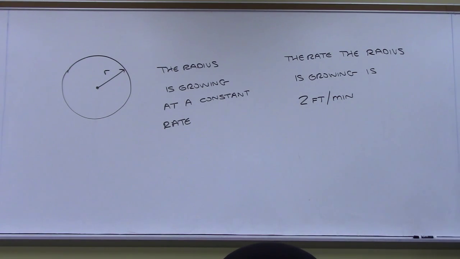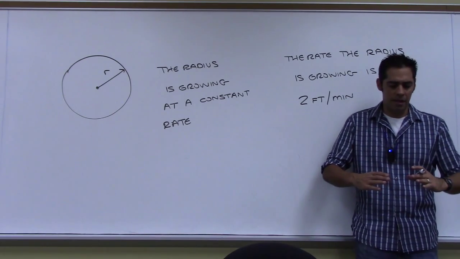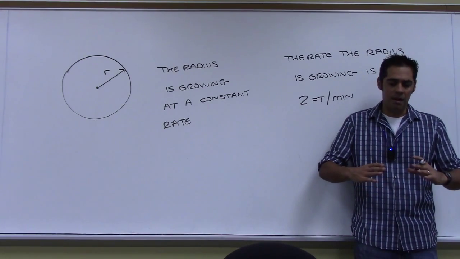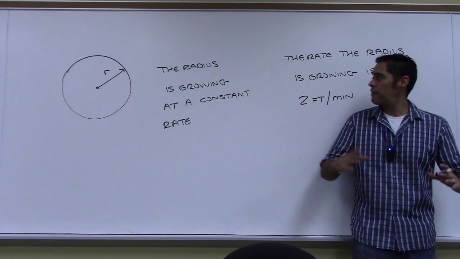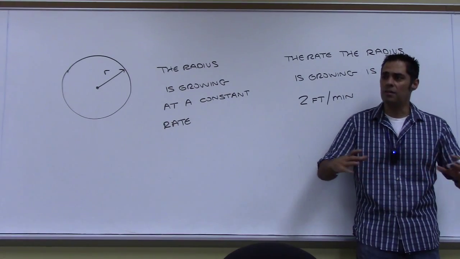So we're pouring this very slow, all right? The paint's going, and the radius is growing 2 feet every minute, and it's doing it at a constant rate.